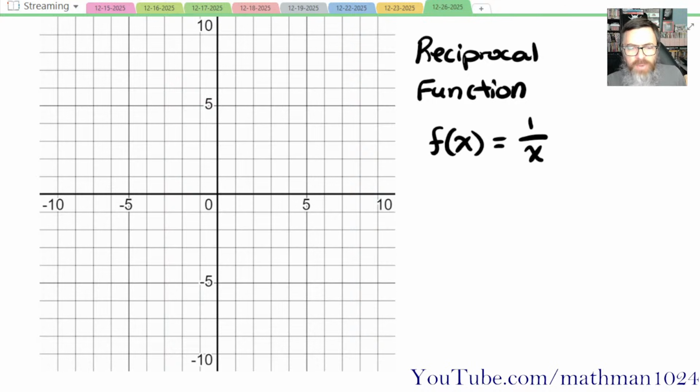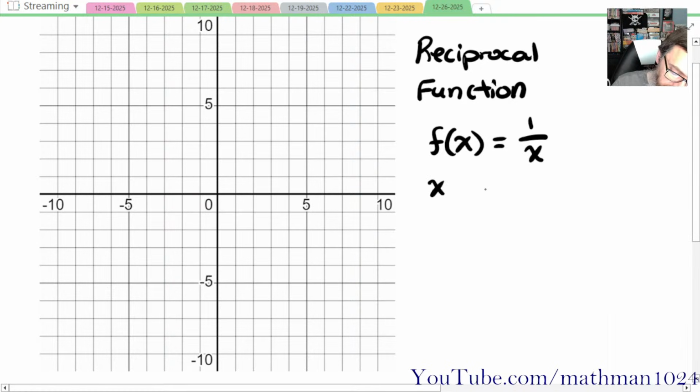Because if you have a variable expression in the denominator, that means there's a potential that denominator could become 0, which will make the entire expression undefined. And we don't want to do that. So knowing that we have x in the denominator here tells me that I might have a restriction on my domain. Now, before we jump into that, let's come up with a t-table of values so that we can try to get an idea about the shape of everything.